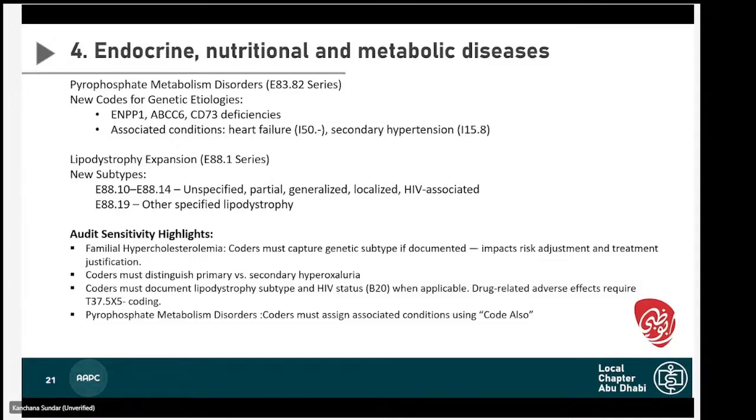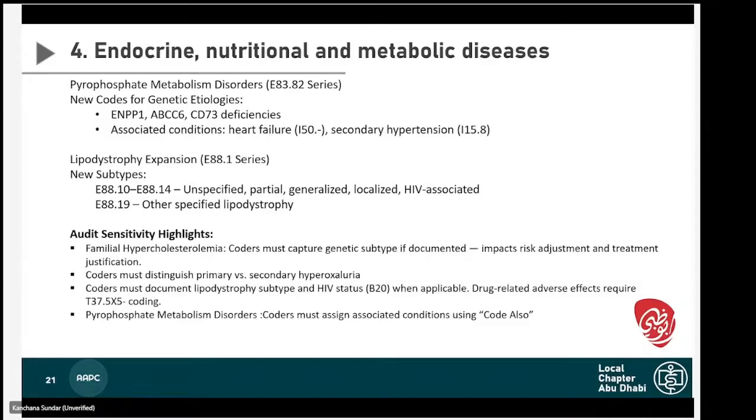Please ensure that the genetic type is captured, and you will definitely agree with me, there is a huge impact on risk adjustments and treatment justification when it comes to the specificities. Distinguish between primary and secondary hyperoxaluria, and document lipodystrophy to its highest specificity.